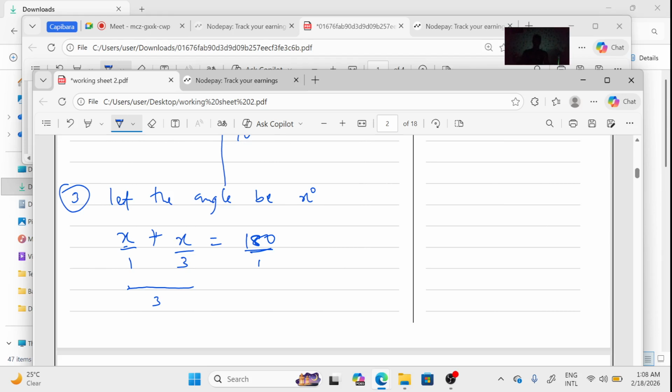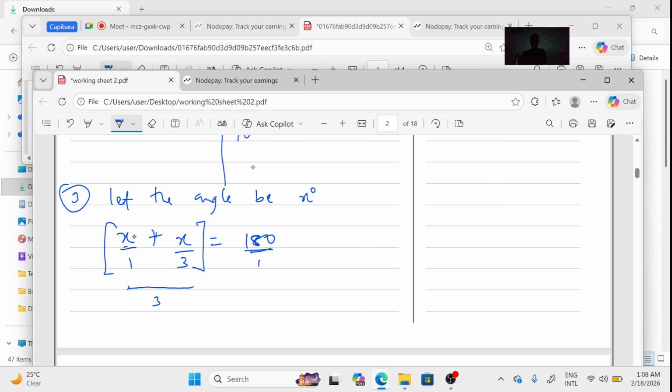Later, after doing a wonderful job, daddy promised he's gonna add 1/3 of the original amount. By the time he added the original amount and 1/3 of the original amount, both sum up to be 180 degrees. Mathematically, that is what this question is saying.